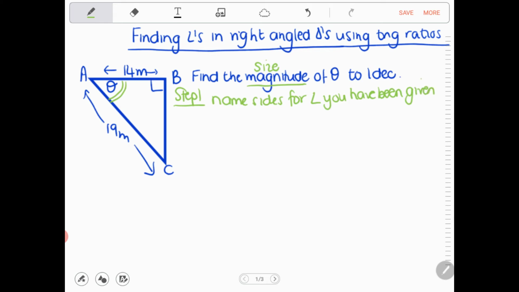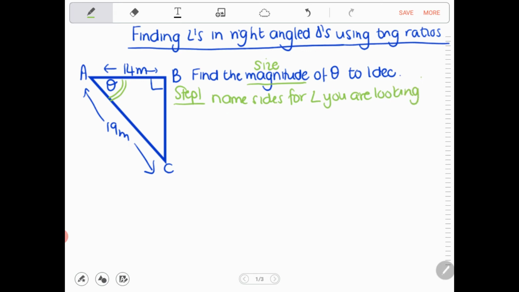Or I should have said, name the sides according to the angle you are looking for. I'm looking for theta. So for theta, the 14 would be the adjacent, the 19 would be the hypotenuse, and this side here, BC, would be the opposite. So name the sides for the angle you're looking for.